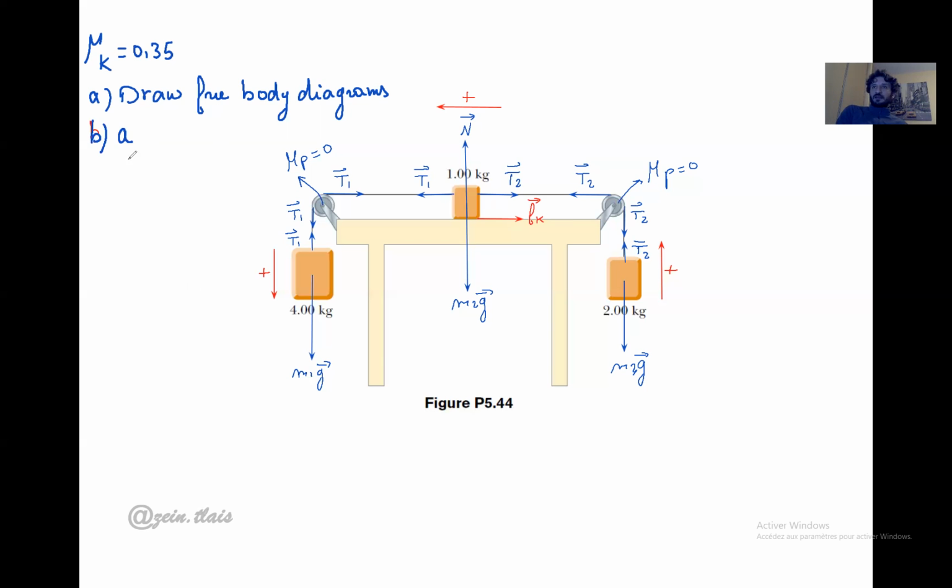So first of all, we have an inextensible cord.